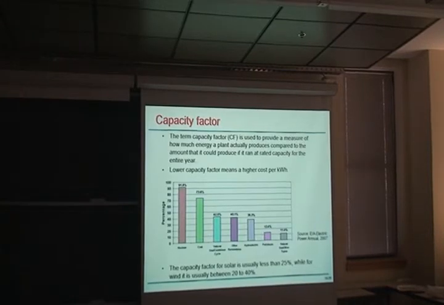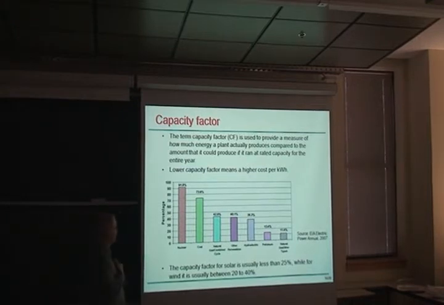Okay, so you mentioned the capacity factor earlier, or utilization factor. So this is typical capacity factor. Capacity factor is a ratio of the amount of energy that's actually produced divided by the amount that could potentially be produced if the plant was running at 100% output for 100% of the time.